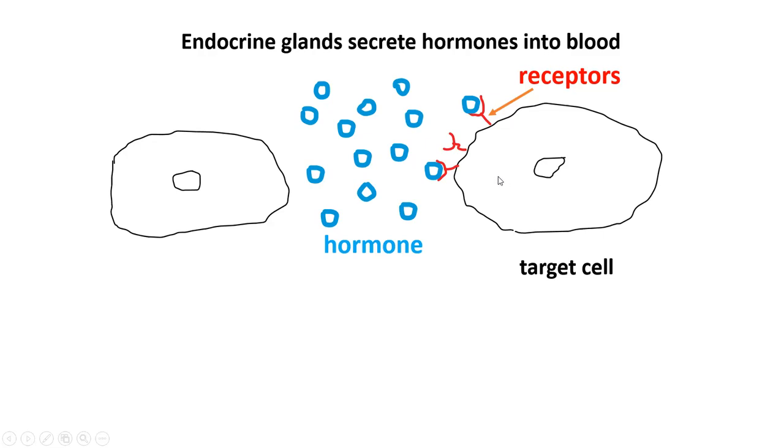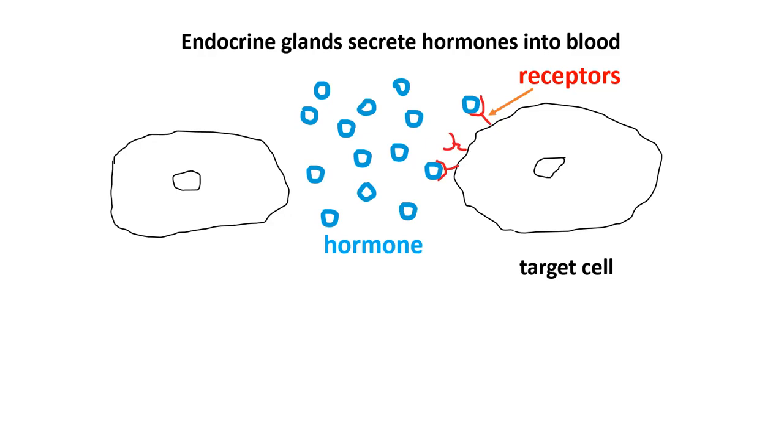And so the hormone's message can be delivered to many cells or very few cells, all dependent on the receptor on the cells. So receptors will make the cells target cells for the instruction of that hormone.